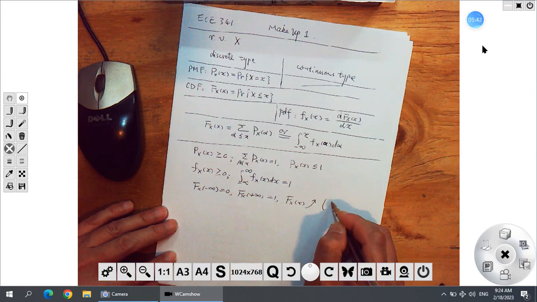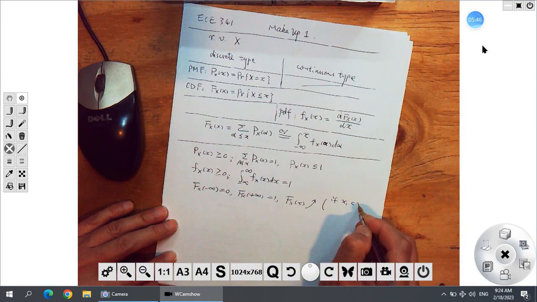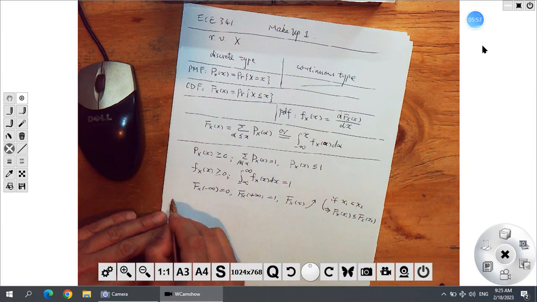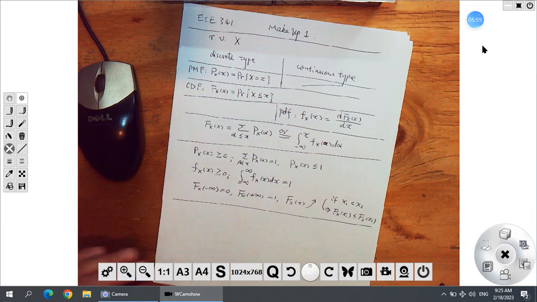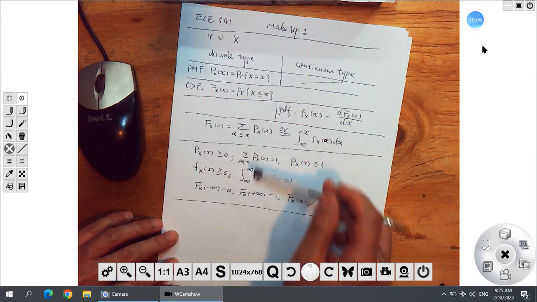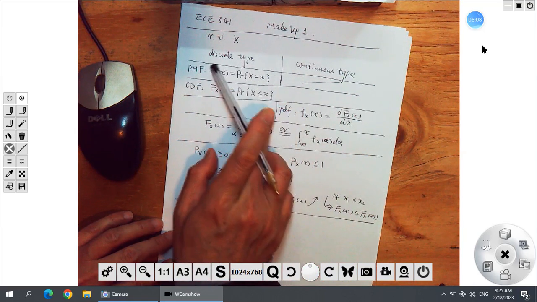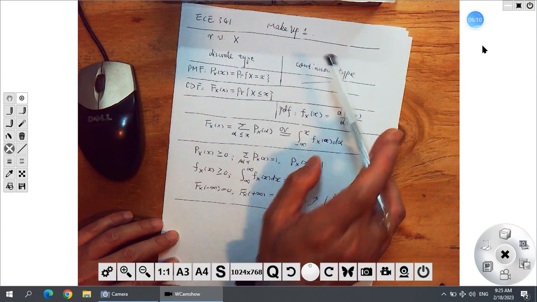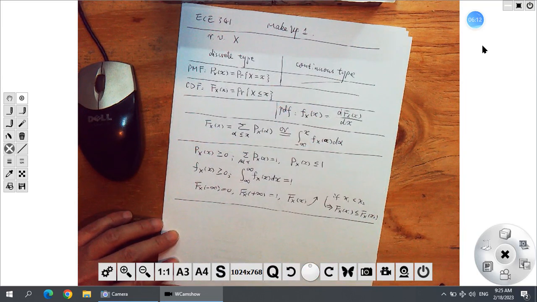That means if x1 is smaller than x2, we will have Fx of x1 smaller than or equal to Fx of x2. These are the basic definitions and properties of discrete type or continuous type random variables with those functions.